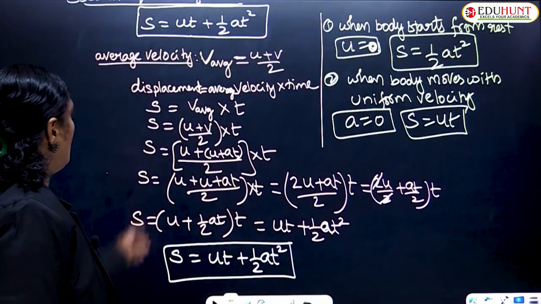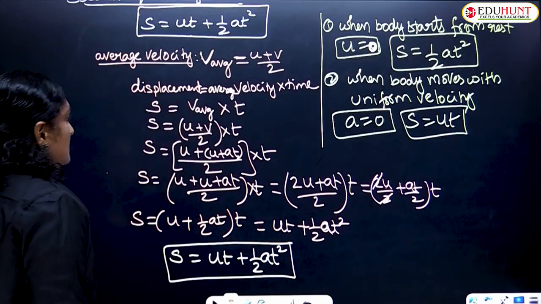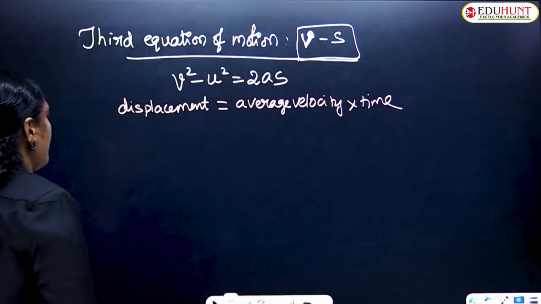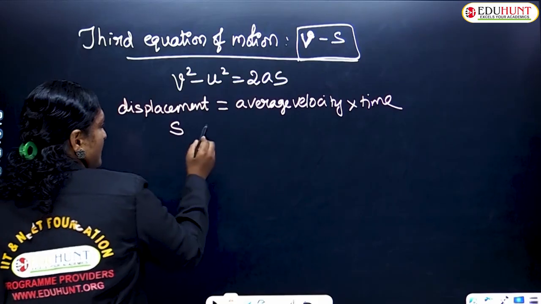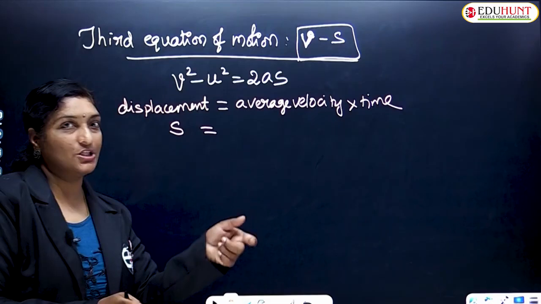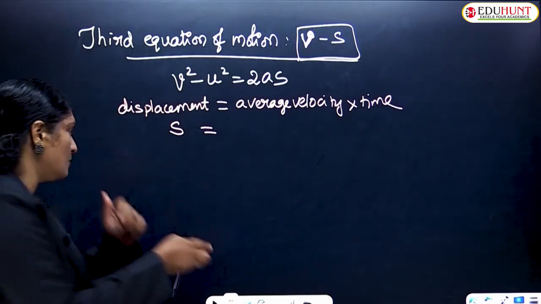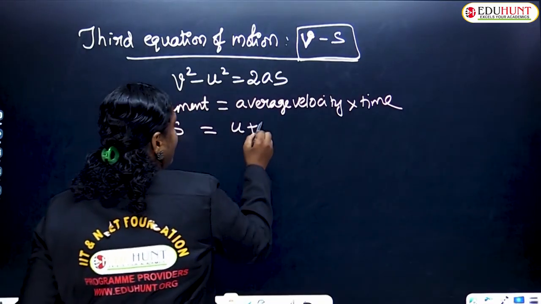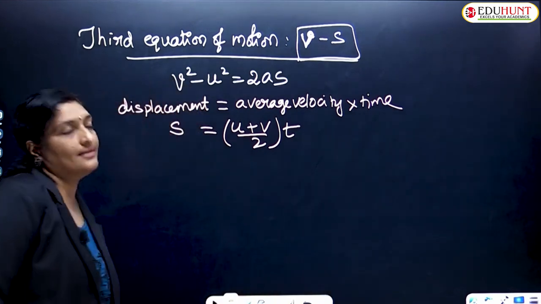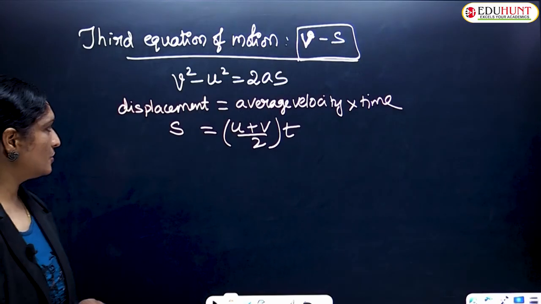Displacement is indicated with the letter S. Average velocity is the average of two different velocities, u and v. What is the average of these two? u plus v by 2, into time t. Hence S equals u plus v by 2 into t.